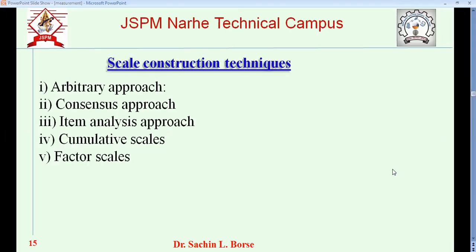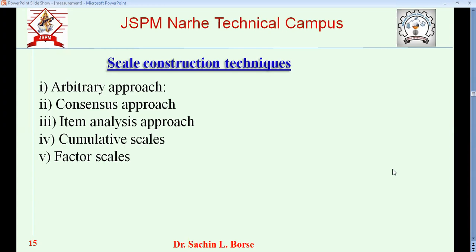Then the question comes: how to create the scale? In the arbitrary approach, the scale is created based on the concept conceived by the person who is conducting the research surveys. Then comes the consensus approach.